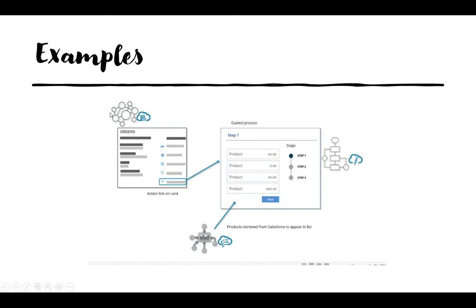So you can see that in this example we have a FlexCard that displays information about the orders. When the user clicks on the action link on the card, we call an Omniscript, and this Omniscript calls a DataRaptor or integration procedure to display information to the user.